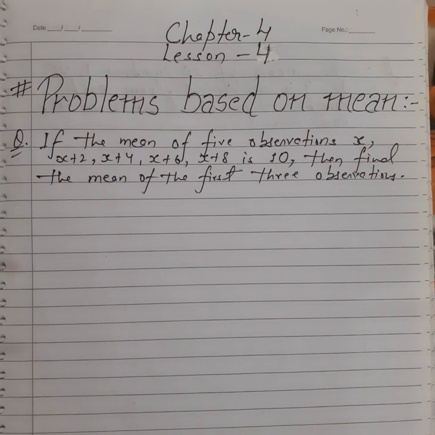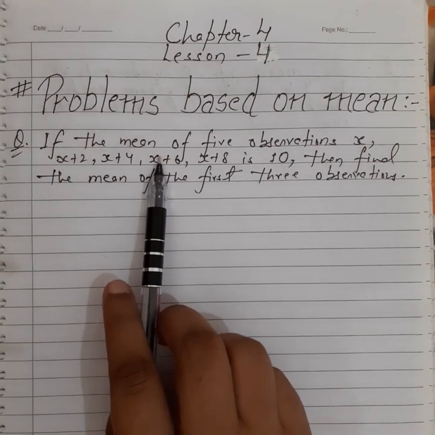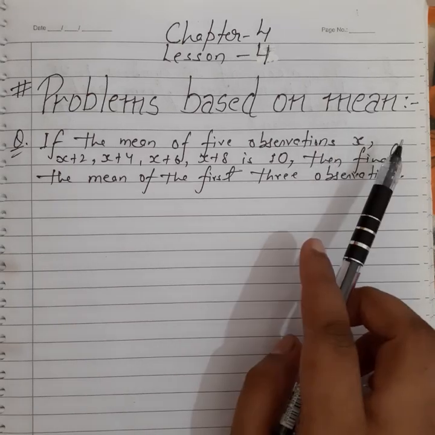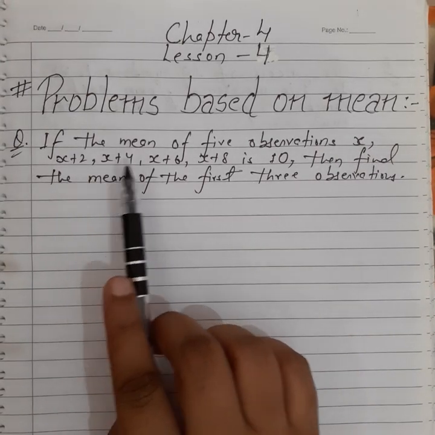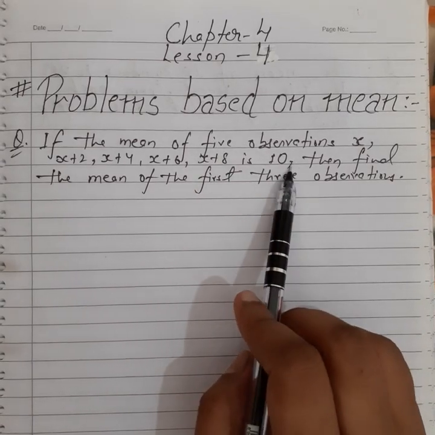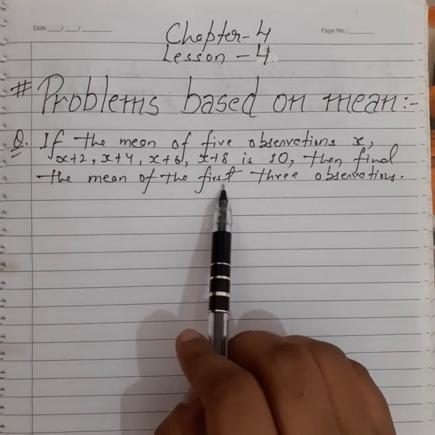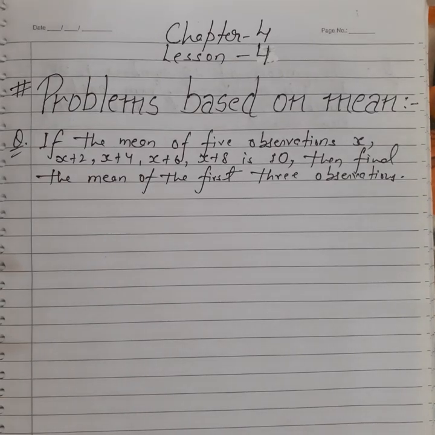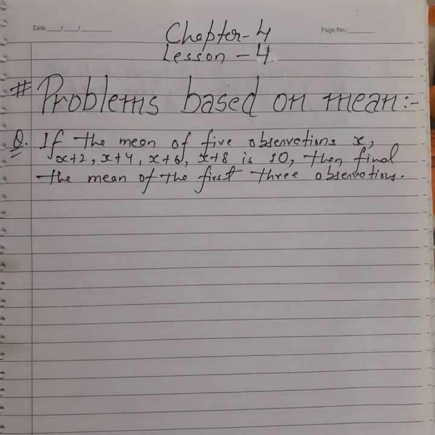The first problem is, if the mean of 5 observations x, x plus 2, x plus 4, x plus 6 and x plus 8 is 10, then find the mean of the first 3 observations. Students, what is given?